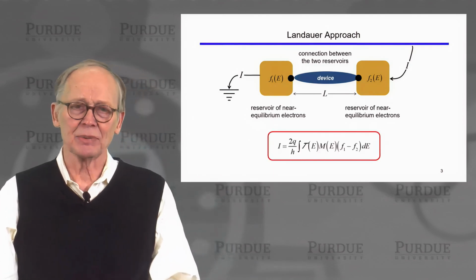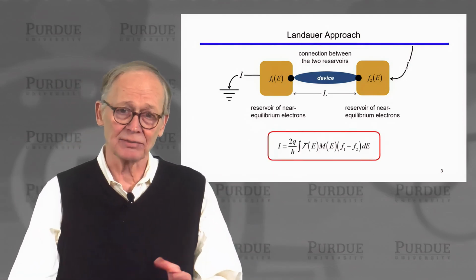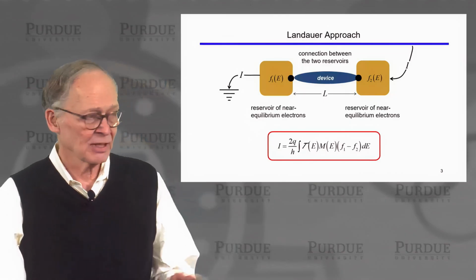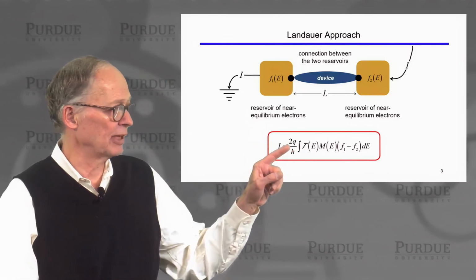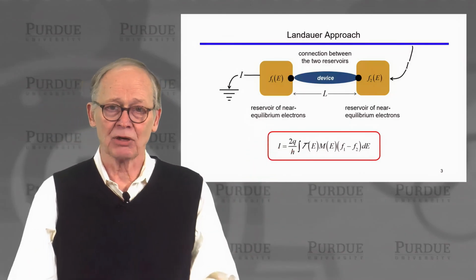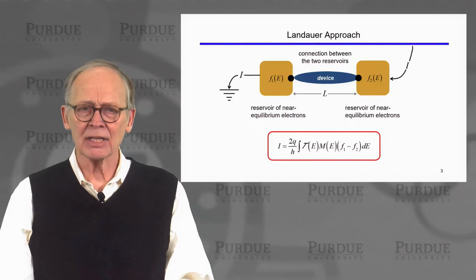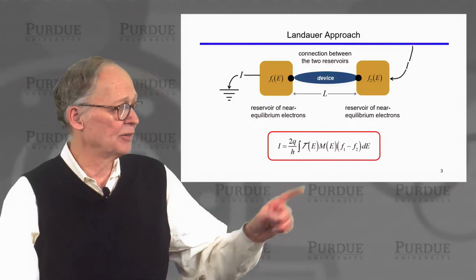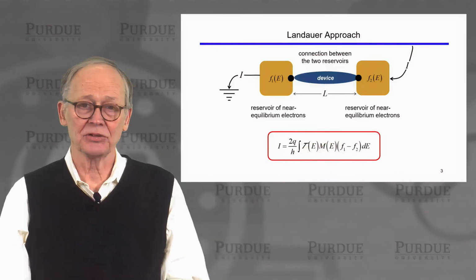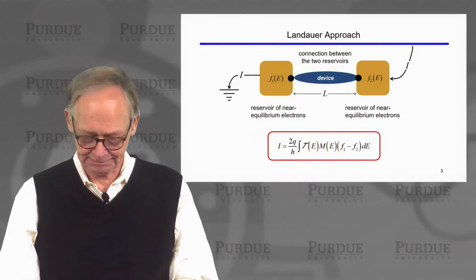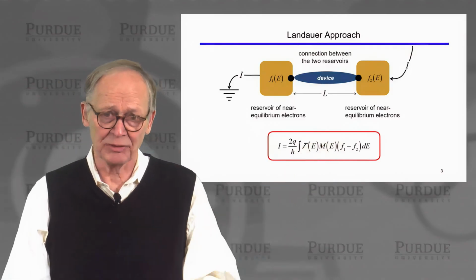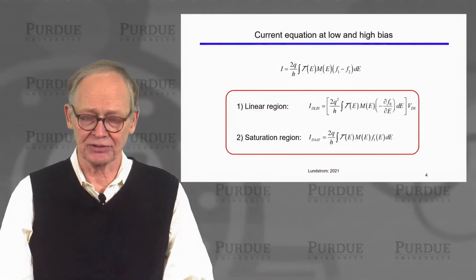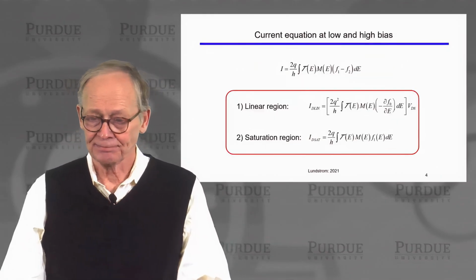We didn't derive, but simply stated, the relatively simple current formula. Current was related to some fundamental constants, a parameter we called the transmission, a parameter we called the number of channels or modes, and to the difference in the Fermi functions between the two contacts. And then we sum everything up over all of the energy states that are available.